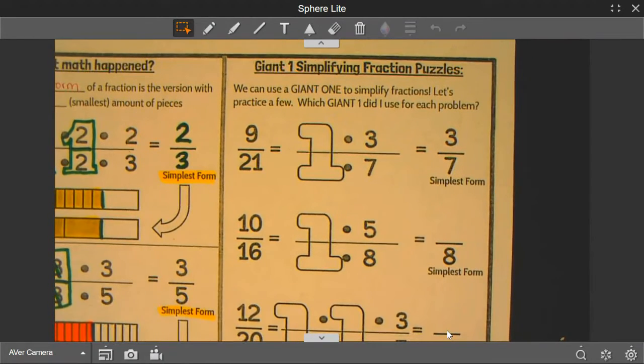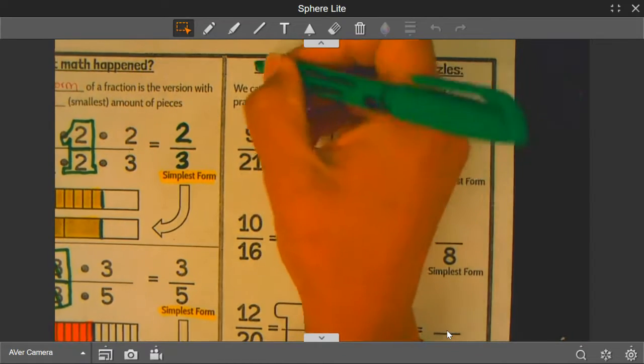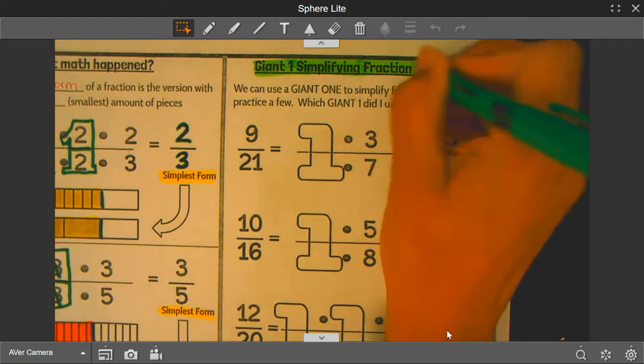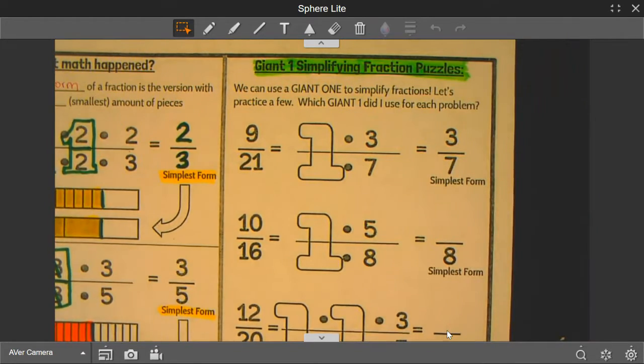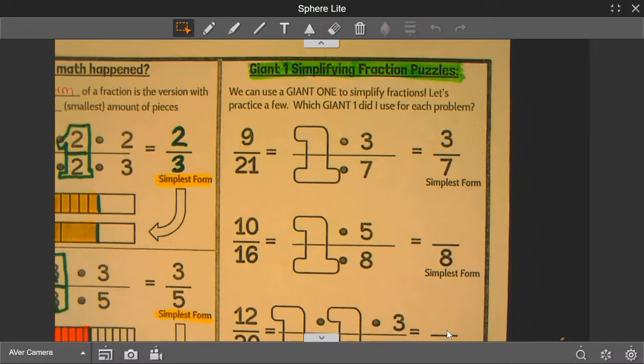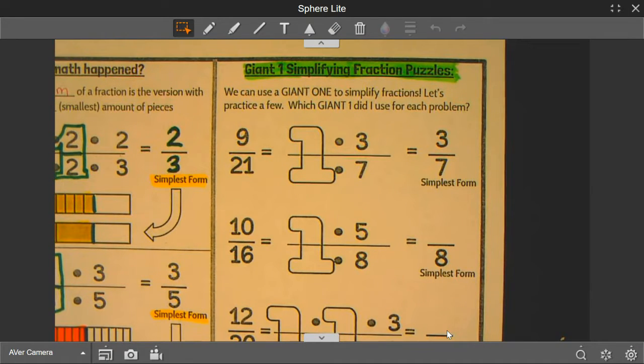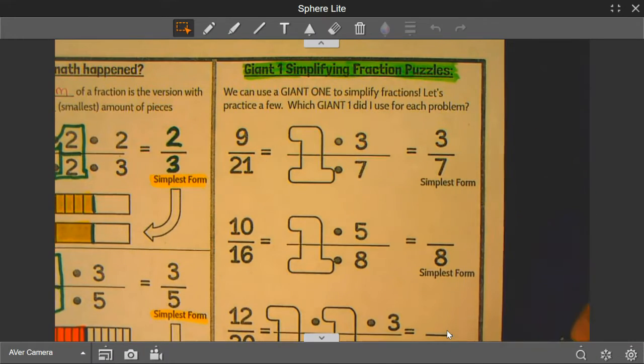So now that we notice that giant 1s are used not only to create equivalent fractions, but also to simplify fractions, let's take a look at some puzzle problems where we can see which giant 1 I used for each problem.